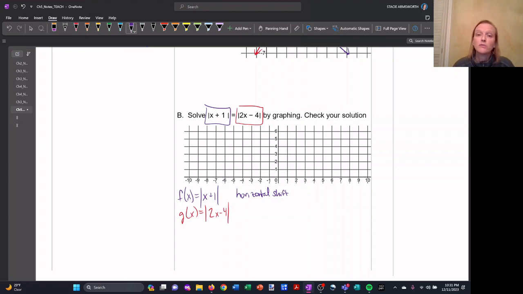So this is actually going to be a shift to the left one. Even though this is plus one, we're actually going to move to the left one with this graph. So our absolute value graph is going to look like this. And let me draw this in here. And so my purple graph will look approximately like this.